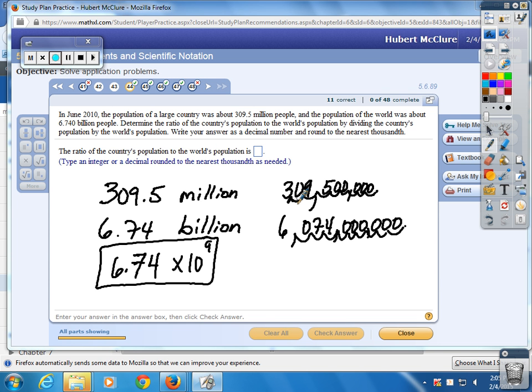It's one decimal to the right. Instead of times 10 to the 9th, we got a word here. Okay? So if this one was written like this, then you could do the 6 with this. But it's not. So this is 3.095 times 10 to the 6. I'm sorry, 8. Sorry.